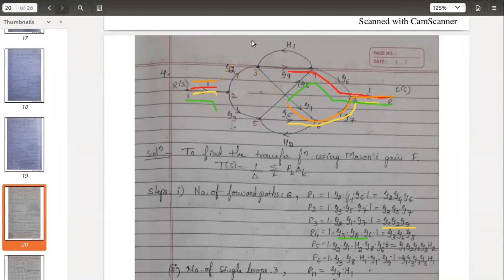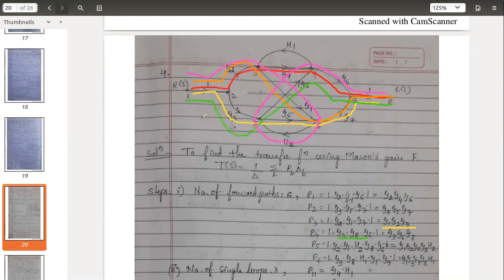Still 2 more are there. G2, G1, H2, a circle. Take one round and go to G6, fine. Okay, this is one more forward path.